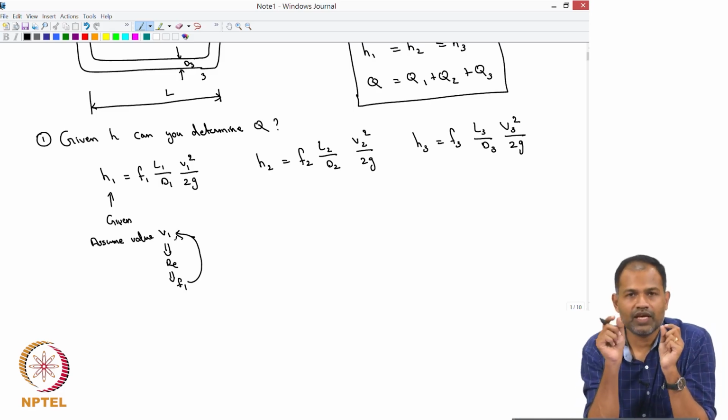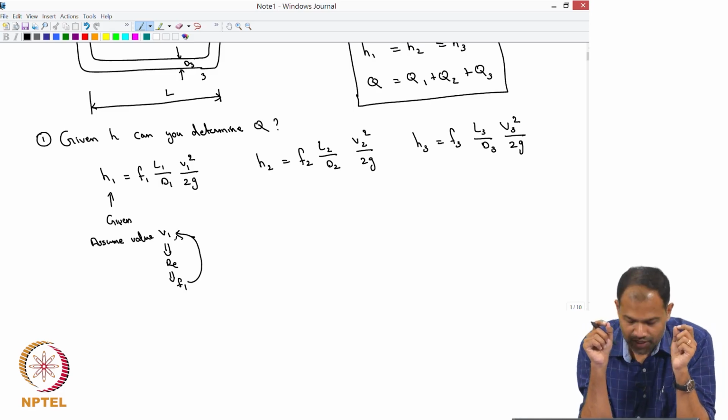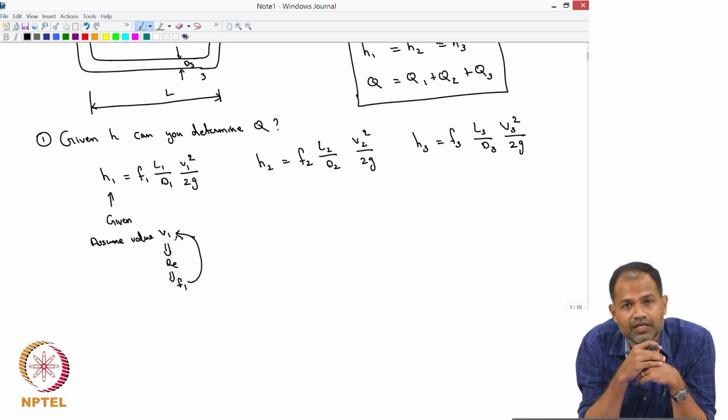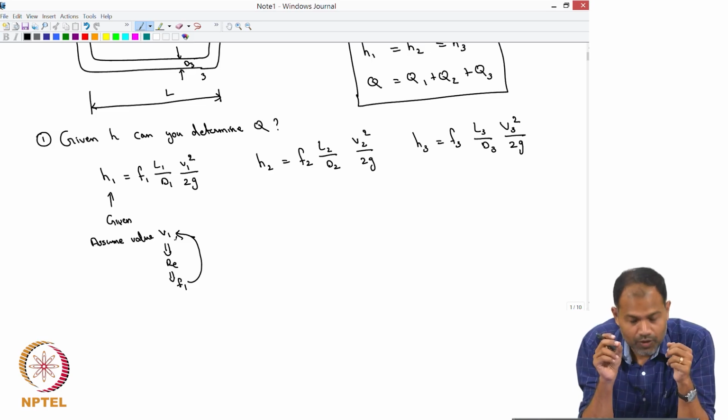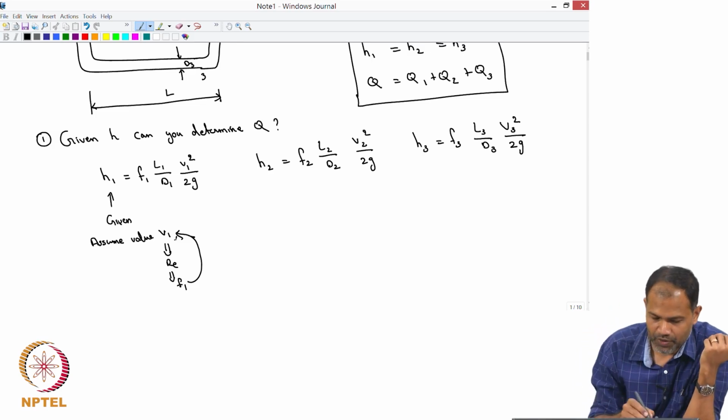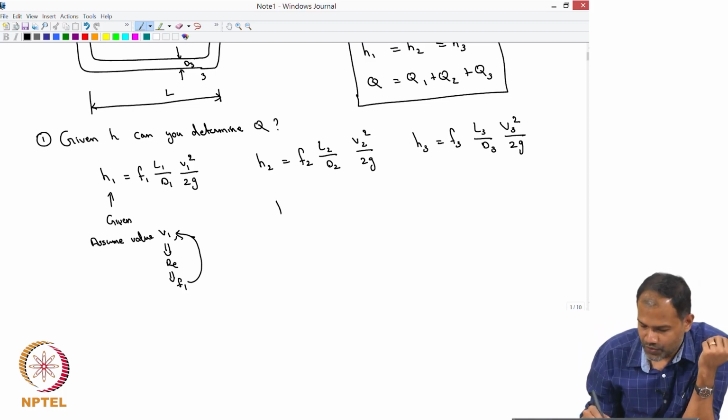In other words, you have to find a V1 and F1 consistent with each other that give the head loss H1, because H1 is prescribed in the problem. Note that I am specifying H. So H is equal to H1 equal to H2 equal to H3.